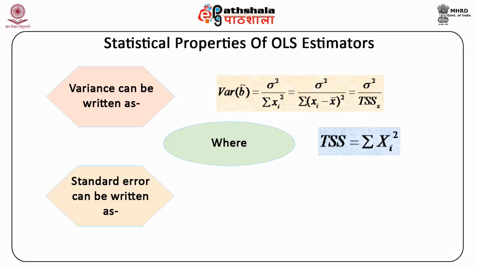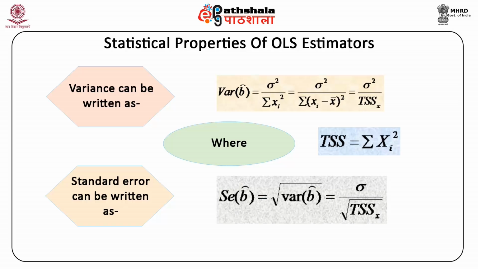The standard error of b hat is the square root of the variance. That is, standard error of b hat is equal to under root of variance b hat, which is equal to sigma upon under root of TSS of x.